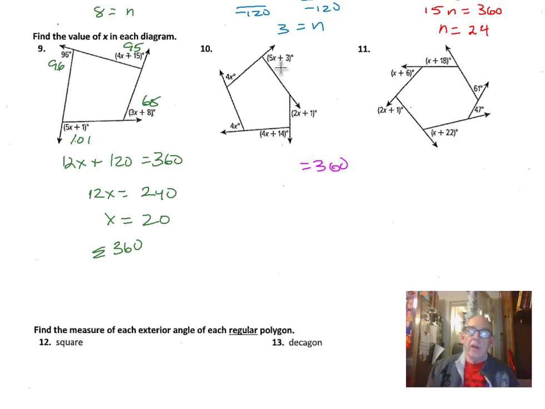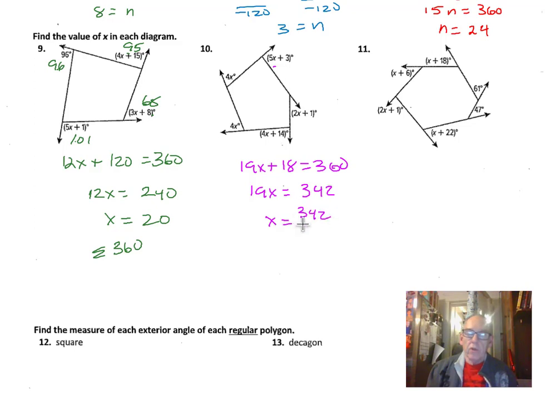And we need to combine like terms, starting with this one: 5, 9, 13, 17, 19 x's, plus, looking at the numbers, a 3 and a 14 is a 17, and a 1 makes an 18, plus 18 makes 360. Take away 18 from both sides. 19 x's is 342. Divide both sides by 19.